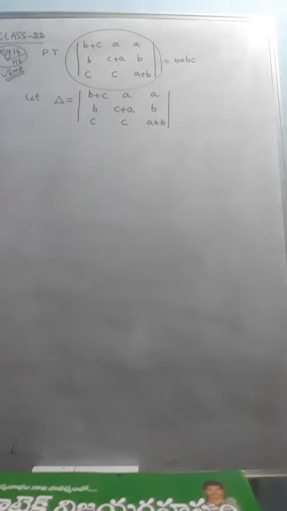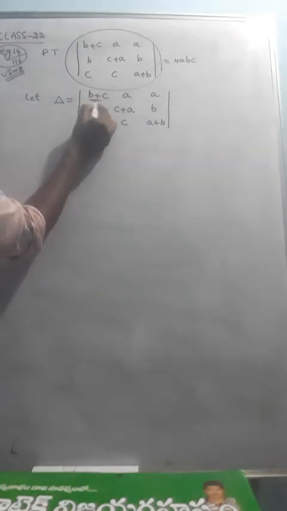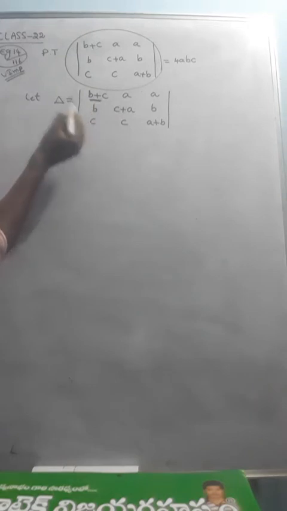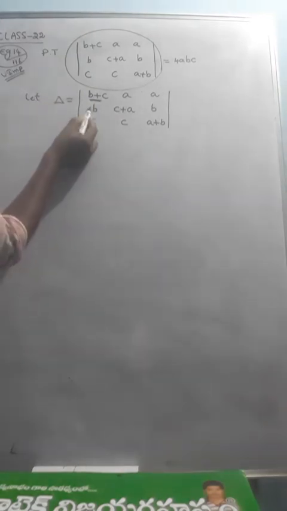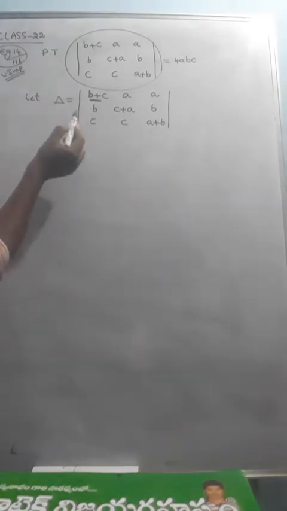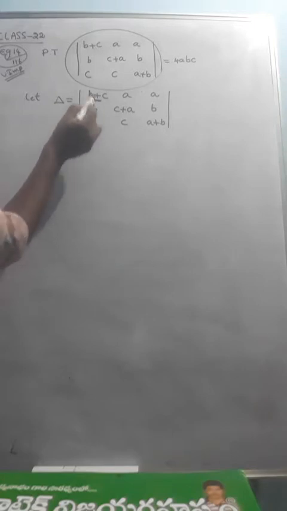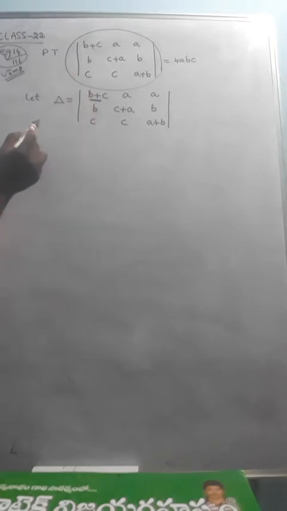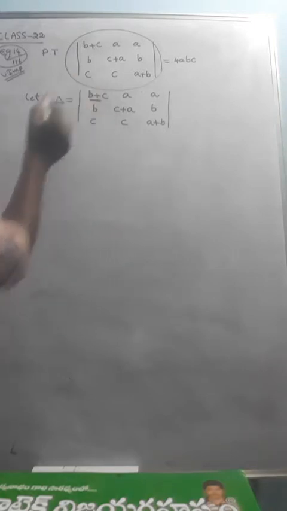So what is our aim? Our aim is that you can take row or column elements and make the maximum number of zeros. See here, b plus c is there, and down b, c is there. If you add b, c and remove that value from the first row element, you will get 0.